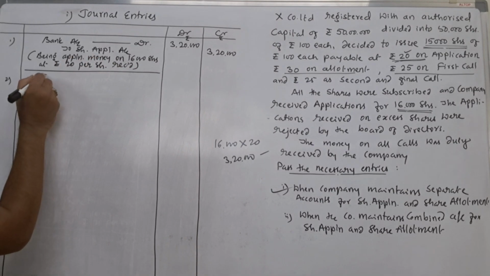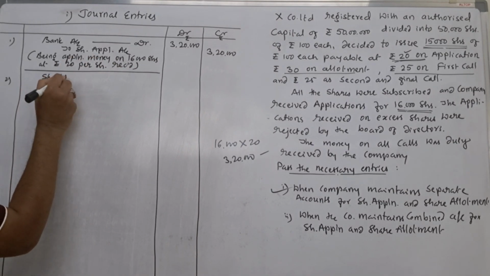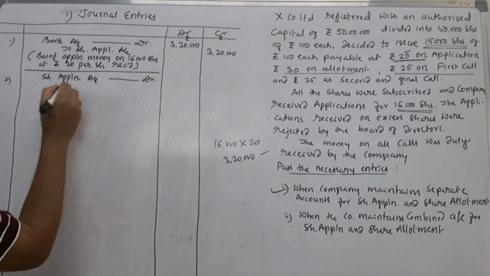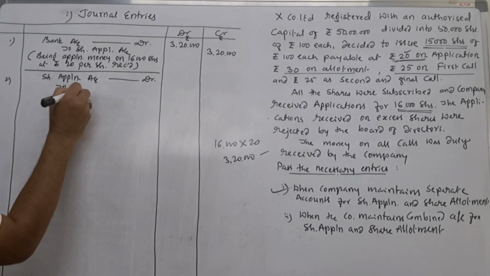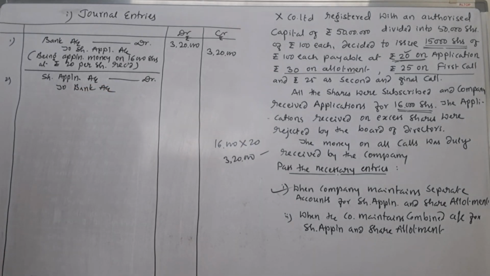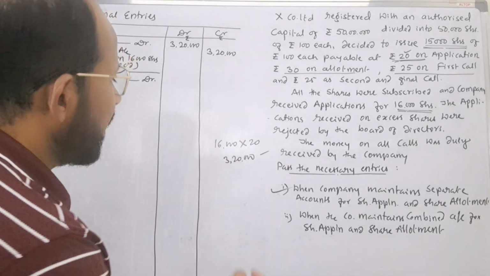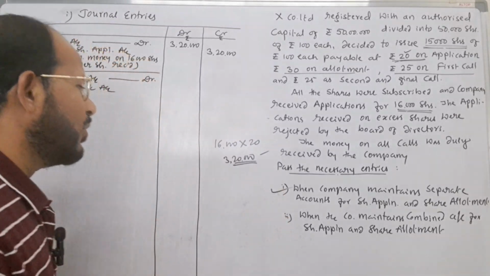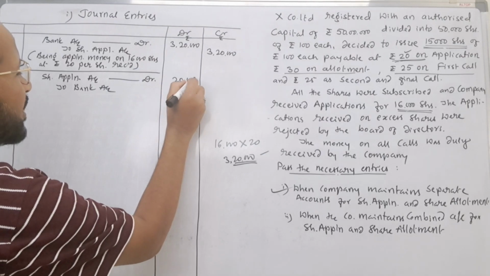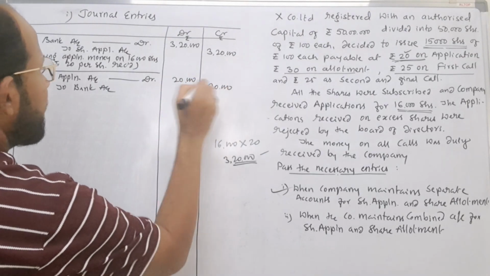Share application account is to be debited to bank account. Cash goes out from the business here. The amount is 20,000, the extra amount collected by the company.